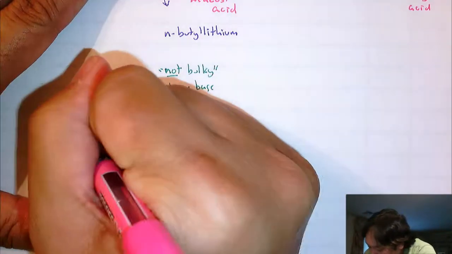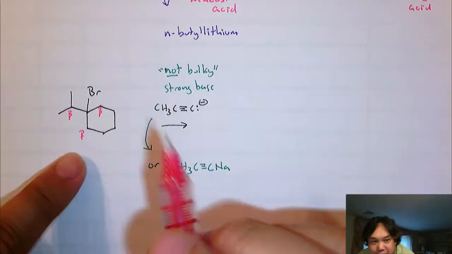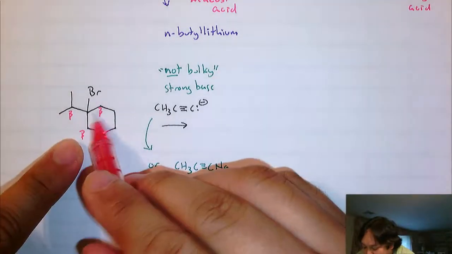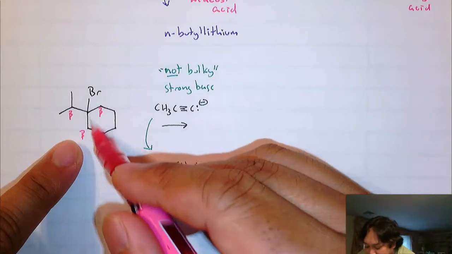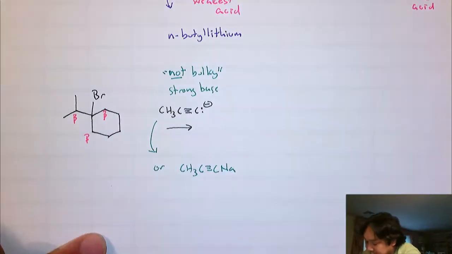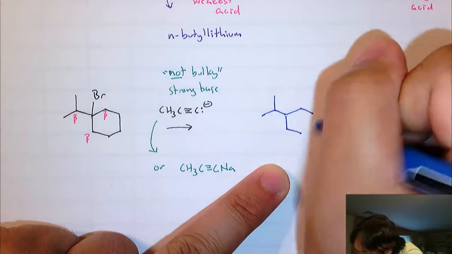Look at the beta carbons. Beta, beta. But because of symmetry, making a double bond here would be the same as making the double bond down here. So let me draw that product. The double bond within the ring first.